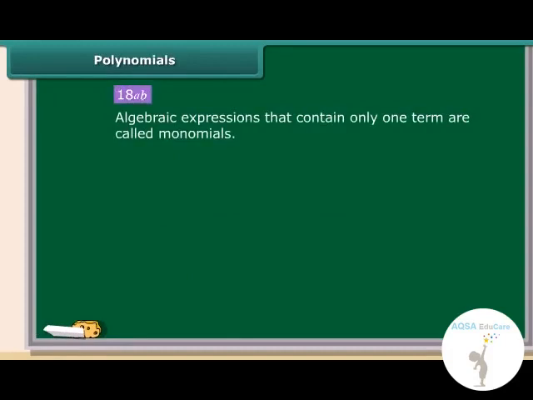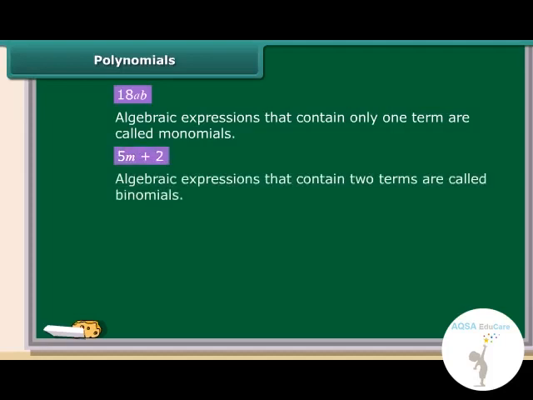Children, see this algebraic expression. It has only one term. This type of algebraic expression is called a monomial. Now, is 5m plus 2 a monomial? No, it has two terms. This type of algebraic expression is called a binomial.